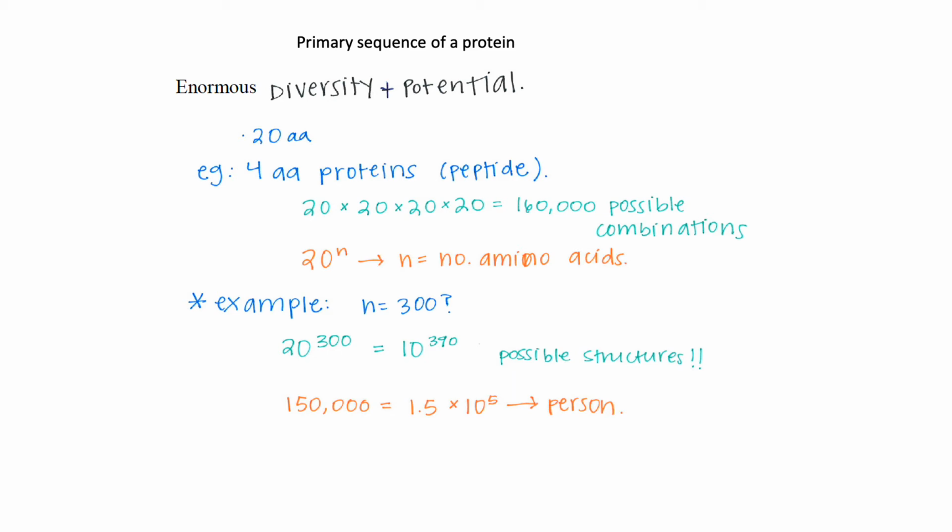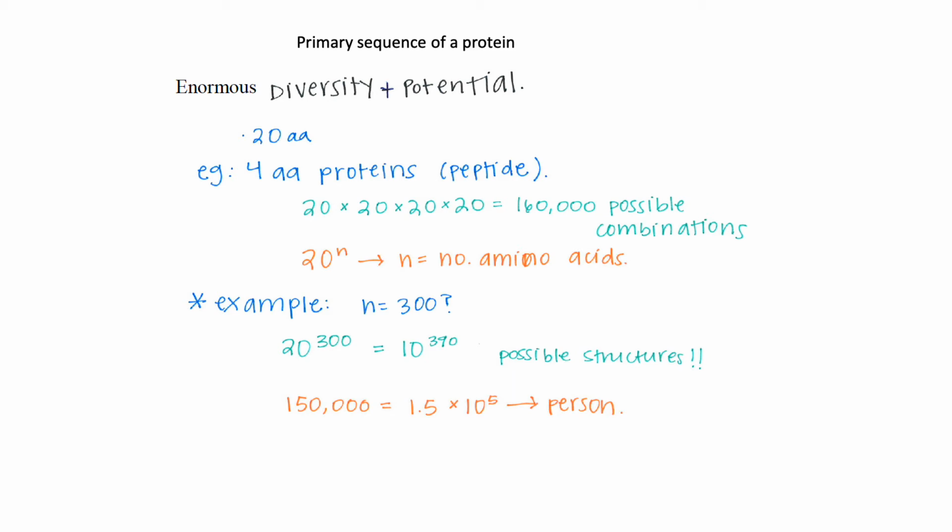There'd be 20 to the 300th, which equals 10 to the 390 possible structures. That's 10 with 390 zeros coming after it. That is basically an infinitely large number.